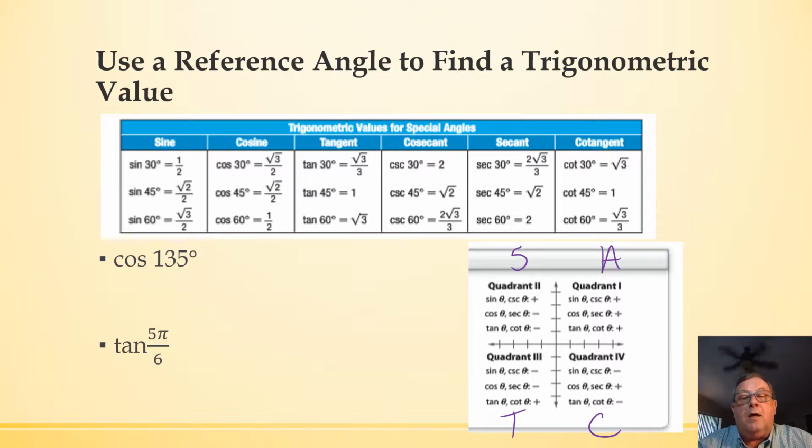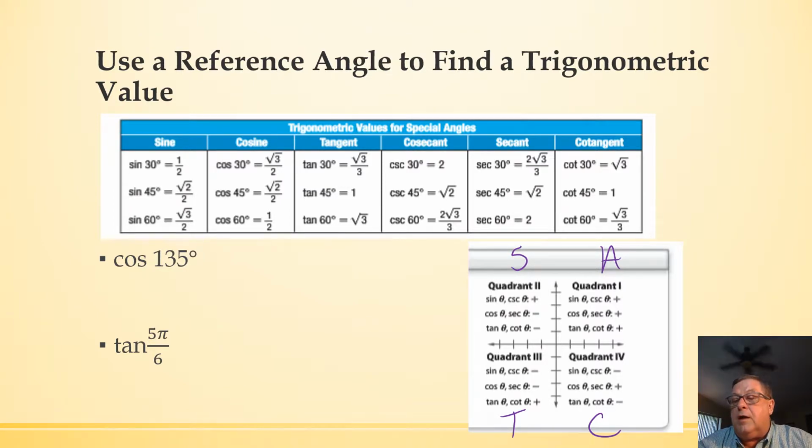But our cosine and secant, those are reciprocal functions, they're going to be negative. And our tangent and our cotangent are also going to be negative. So just the sine function and the cosecant, which is the reciprocal of the sine function, are going to be positive. Everything else is going to be negative.